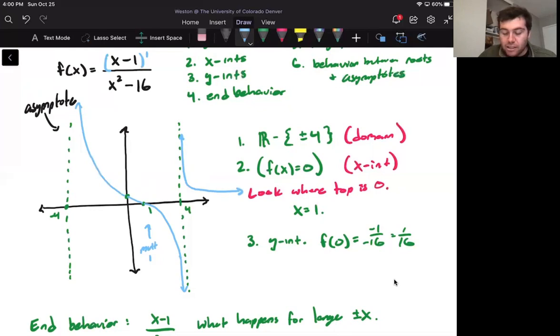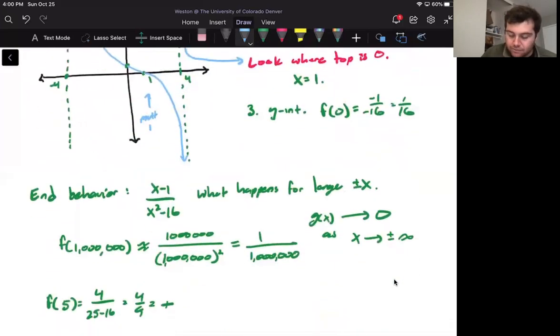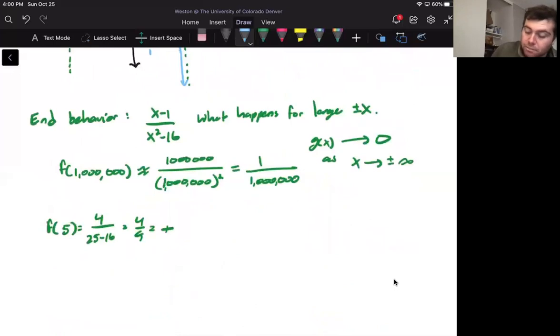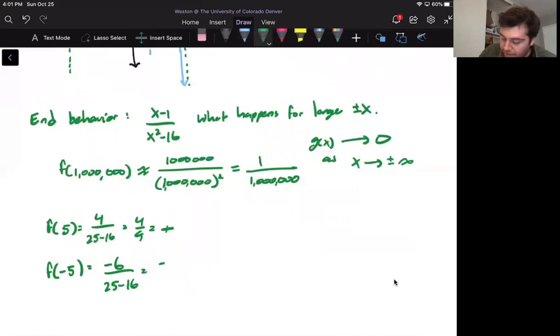And now we just need to look at what happens when we're less than -4. And so we can just plug in another value, like f of -5. And we'll get -6 over 25 minus 16, which is -6 over 9, -2/3.